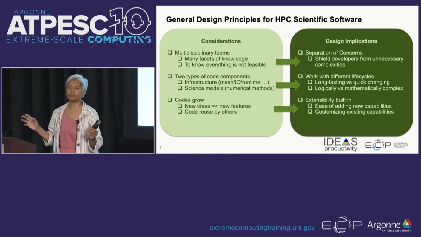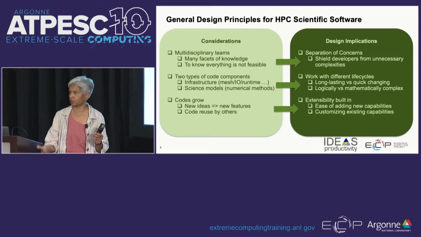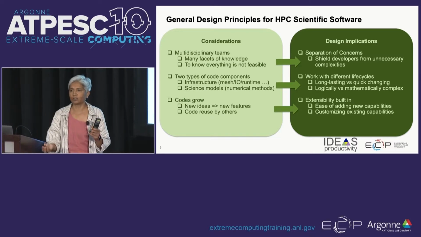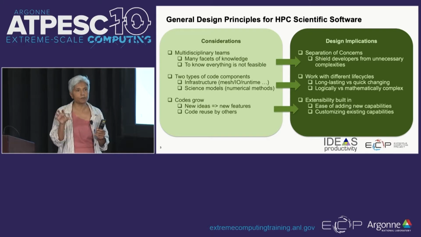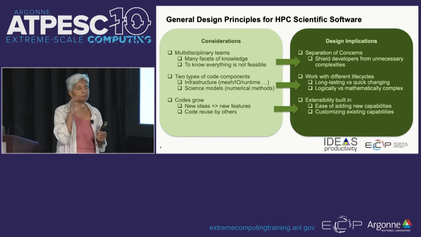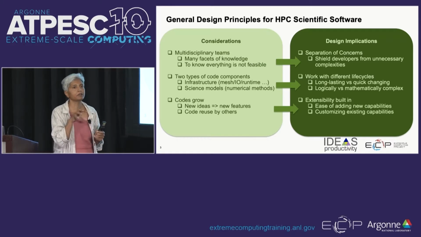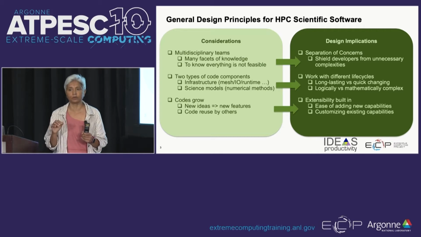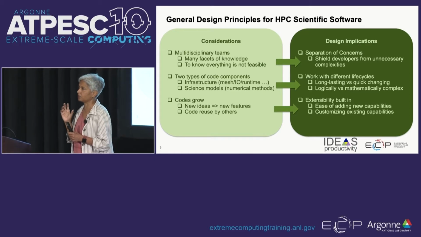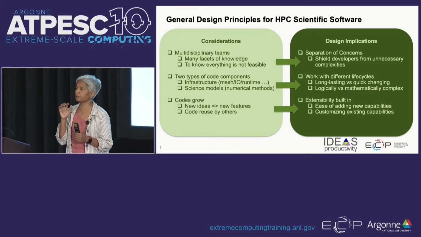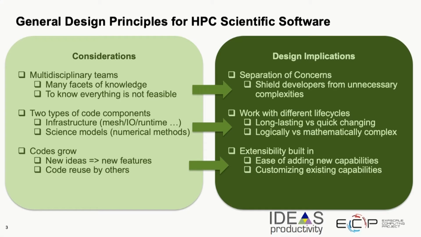I'm just going to be using physics to imply all of them because that's how I'm used to speaking, but that's not excluding the other domains, right? So people who have expertise in that can focus on that. People who have expertise in numerical methods can develop algorithms and not have to worry about the other aspects of the code. So basically what this principle of separation of concerns in your design does is it shields developers from knowing complexities that should not be necessary for them to know.